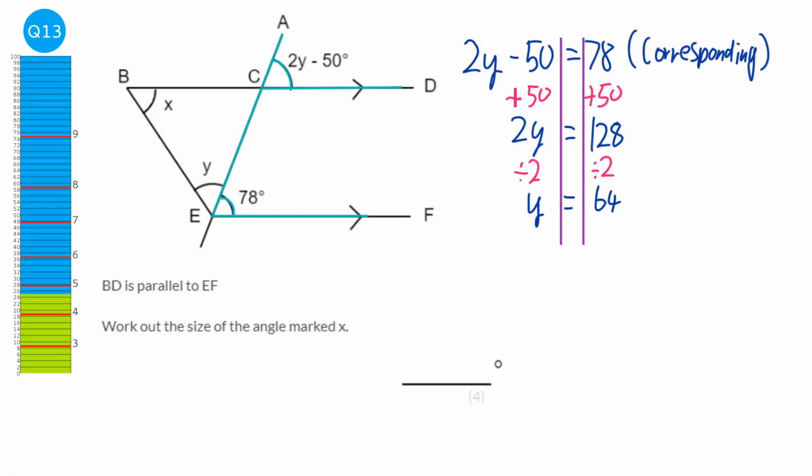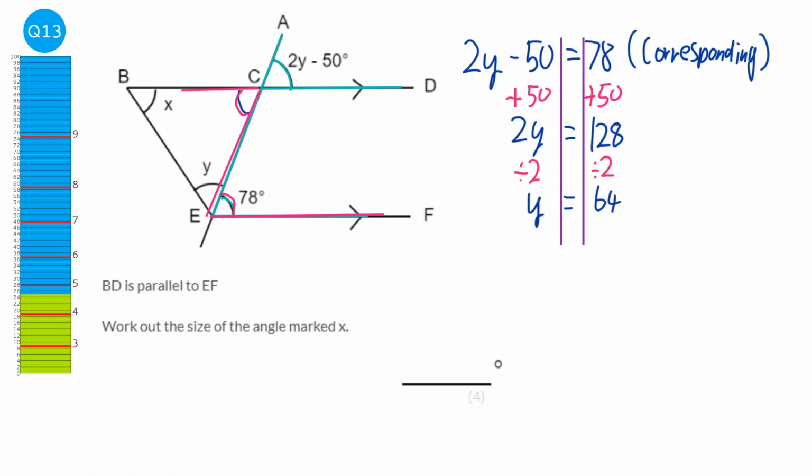Well, there's a few different things we can do. We could work out the fact that these two here are vertically opposite. That would be absolutely fine. But actually, if we look at this part here and this part here, these are also two parallel lines, and this angle here and this angle are going to be alternate.